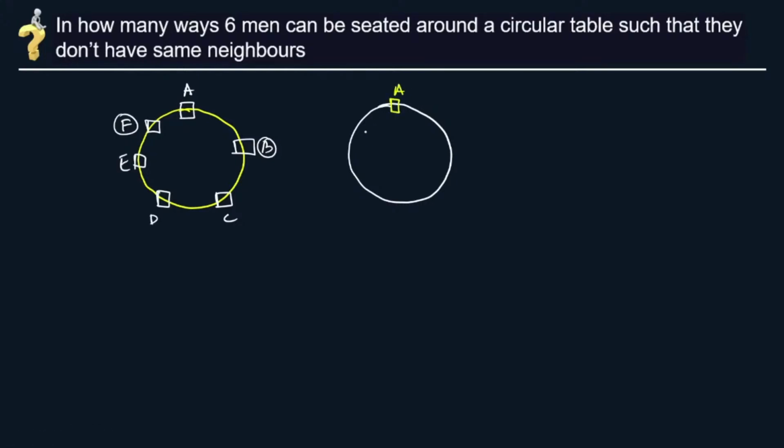Here is A. Now B is sitting here, C is sitting here, D, E and F. Now you tell me, is this arrangement and this arrangement the same or different? That is, the clockwise arrangement and the anti-clockwise arrangement are the same or different?